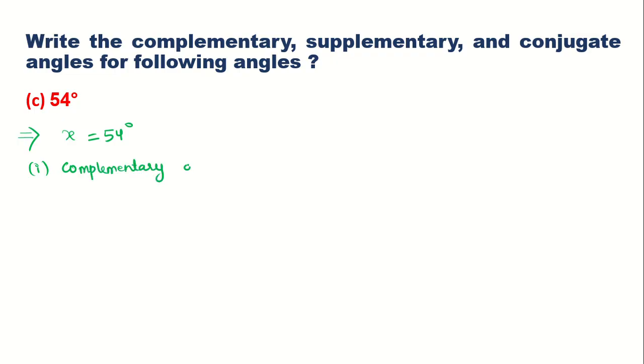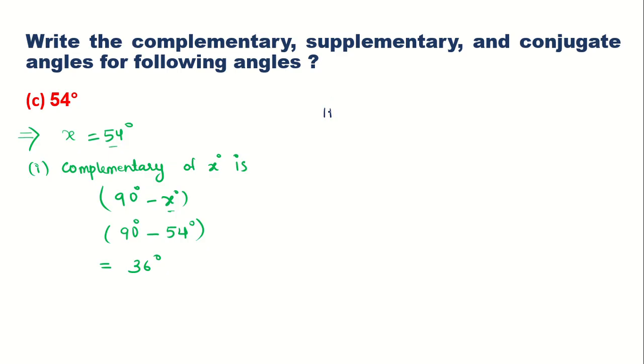Complementary of x degrees is 90 degrees minus x degrees. 90 degrees minus how much is x? 54 degrees. So 90 minus 54 is 36 degrees. Okay.